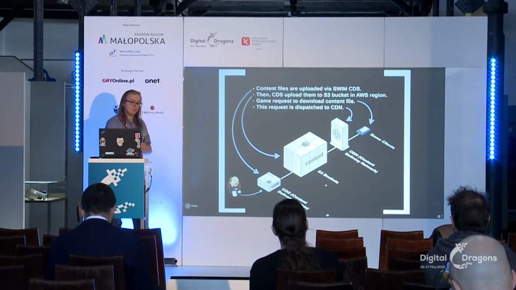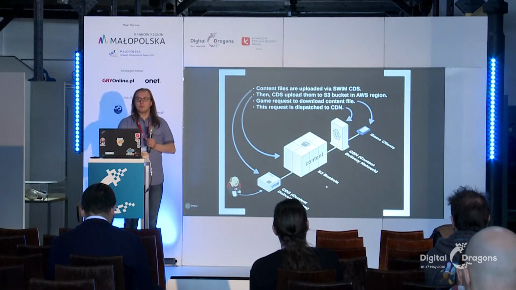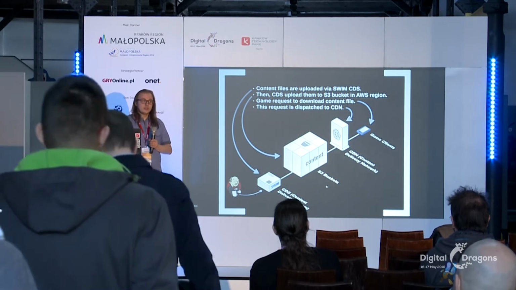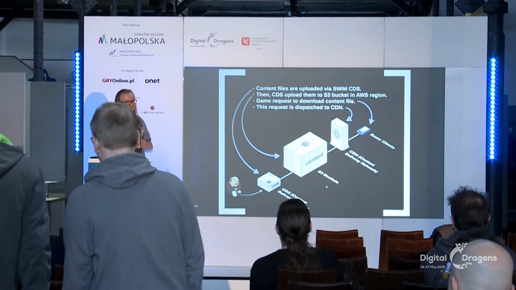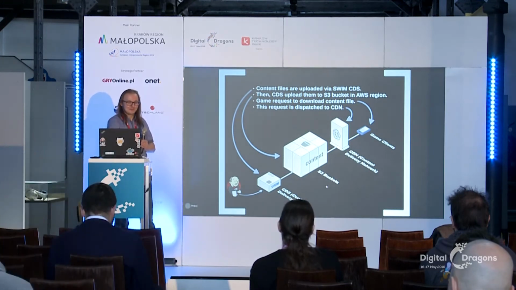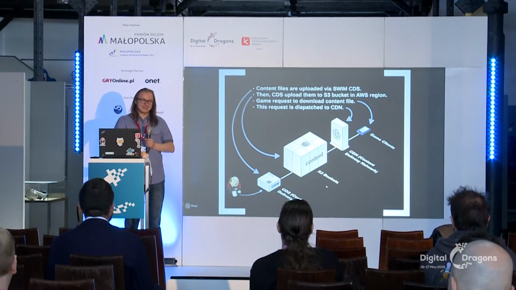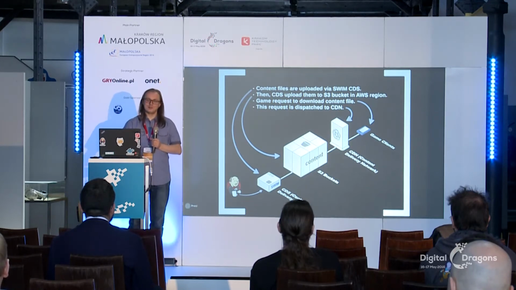S3 is one of the oldest services available in Amazon, and they call it a key value store. But actually the value can be practically anything. So we are putting files there. The file path is a key and the value is the file content.